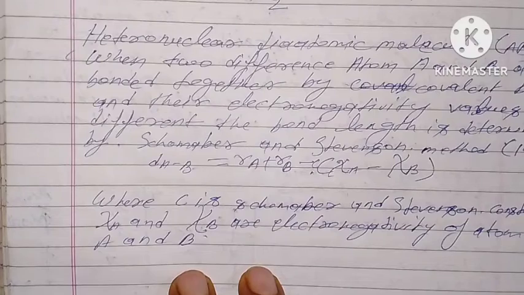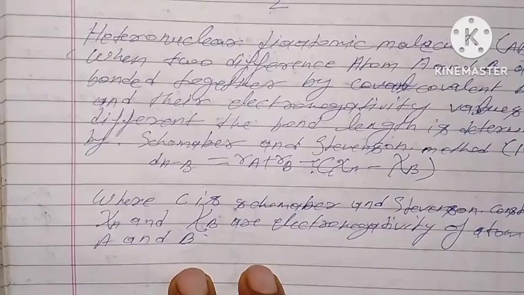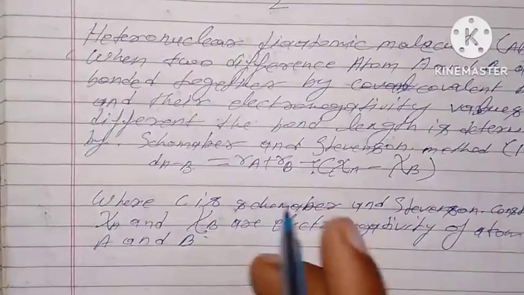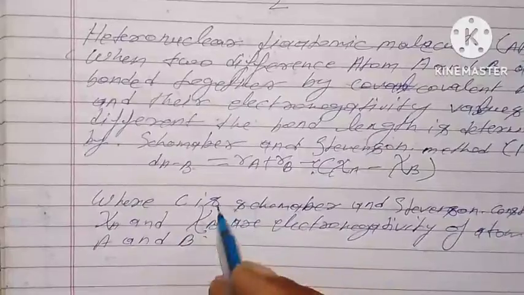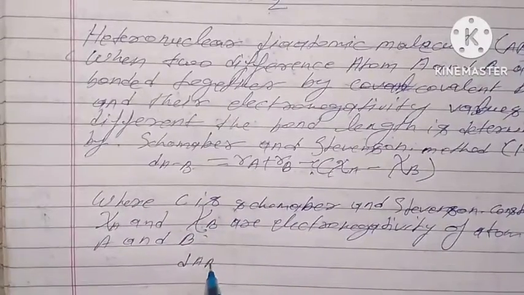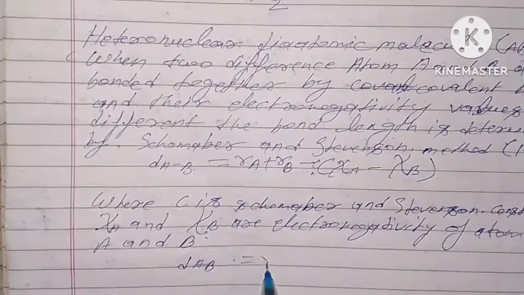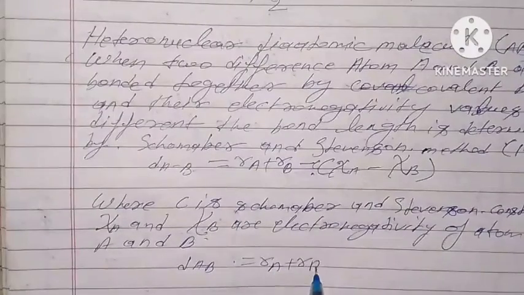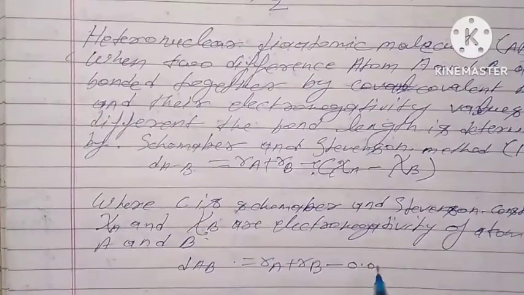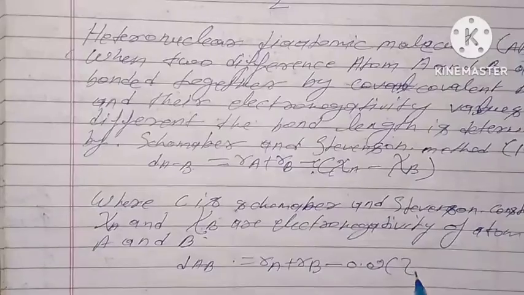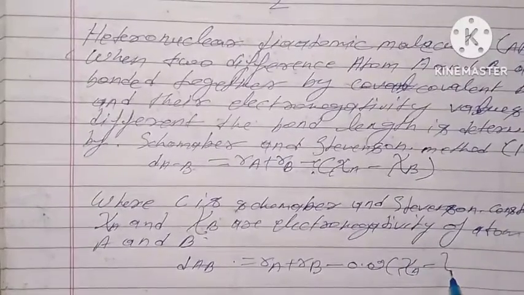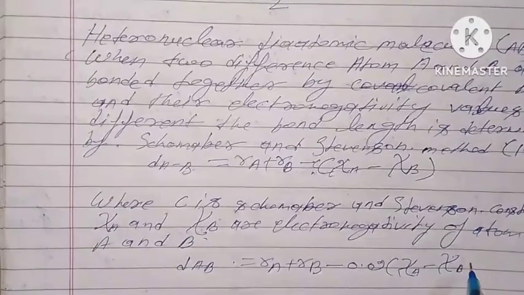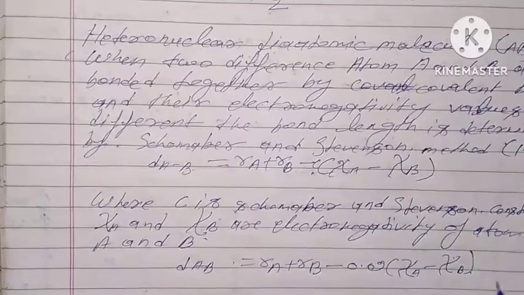Calculation of bond length DAB for heteroatomic molecules. Pauling has given the following formula: DAB equals RA plus RB minus 0.09 times (chi A minus chi B).